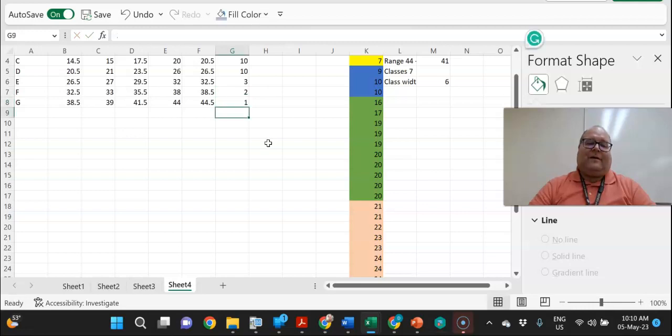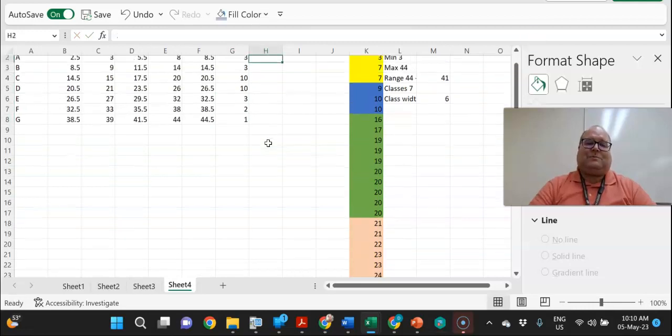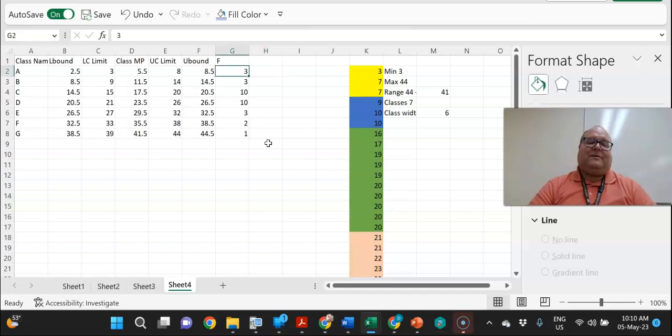And we have 1 value in our uppermost class. So we have our frequencies 3, 3, 10, 10, 3, 2, 1.